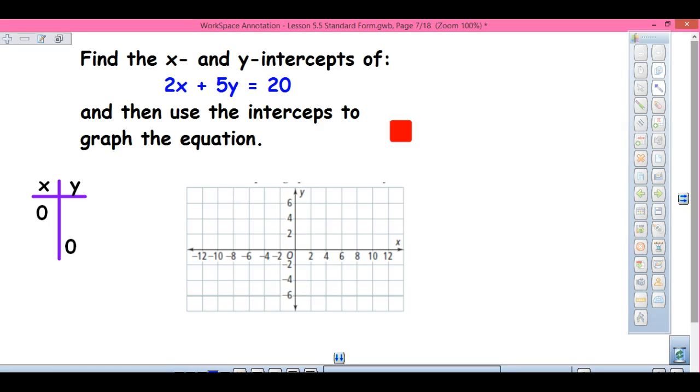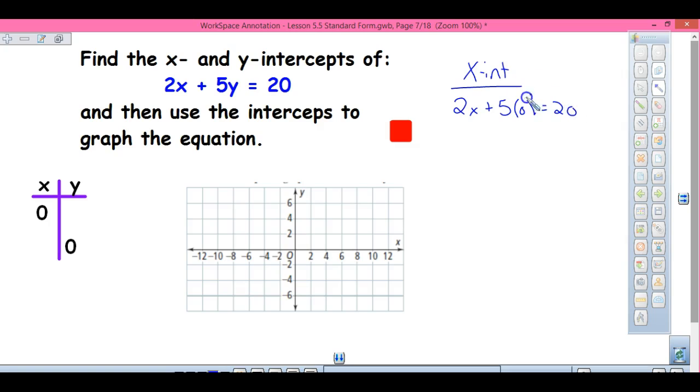Okay, so we've got 2x plus 5y equals 20. To find the x-intercept, what am I doing? Putting 0 in for y. So 2x plus 5 times 0 equals 20. What happens with my 5 times 0?